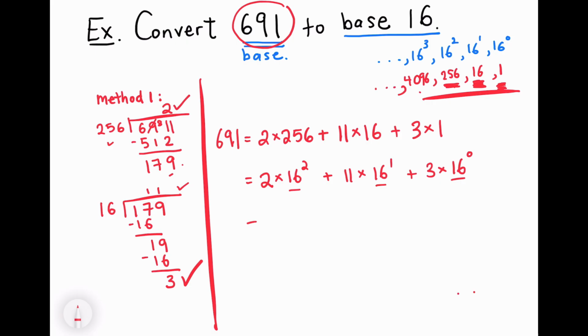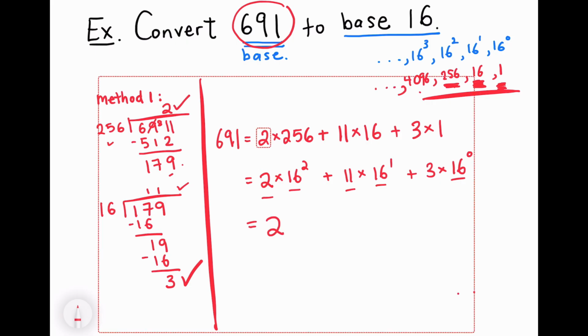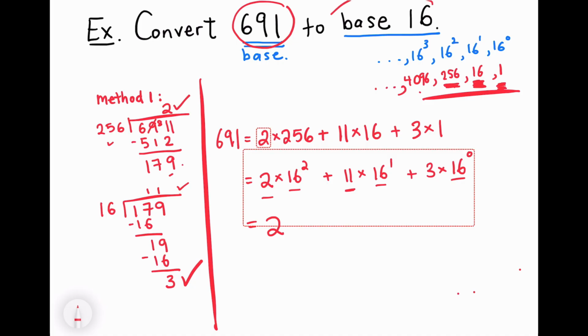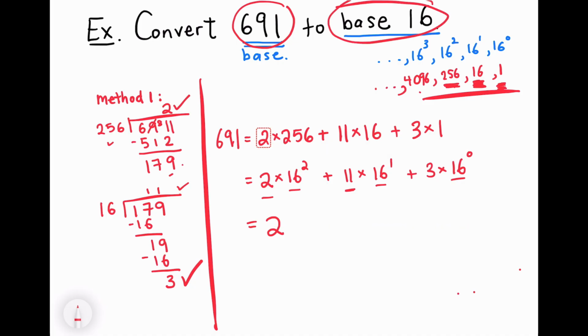And so 691 is equal to 2, and then remember 11, we don't want to confuse with 1, 1. In base 16 we had 1, 2, all the way through 9, and then we use A, B, C, D, E, F. So 9, 10, 11 is B. I'm going to use a B here, and then here we have 3.